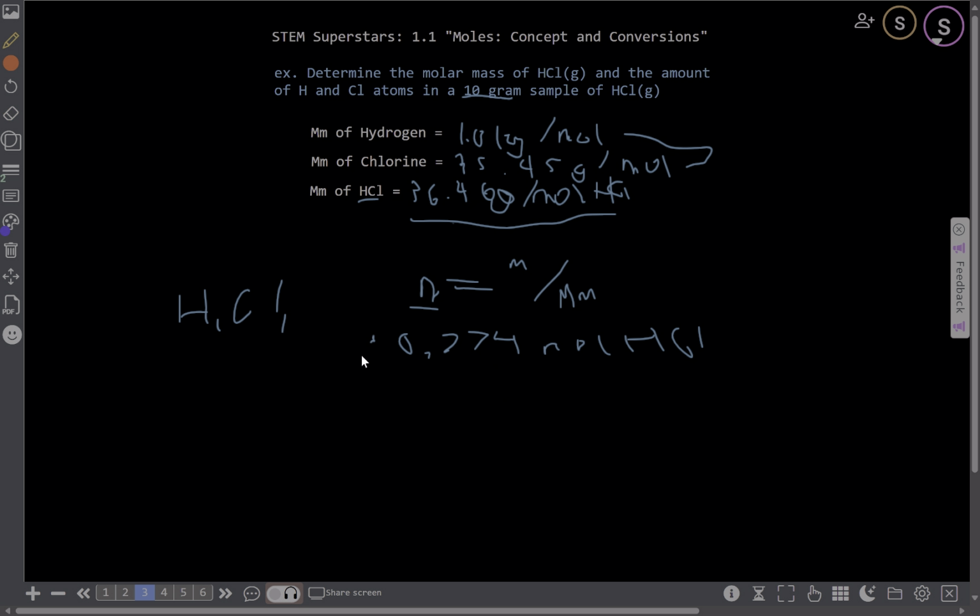I'm going to notate that number as a capital A, just for the sake of time and writing. The number you get in particles of HCl would be about 1.65 times 10 to the 23 molecules.